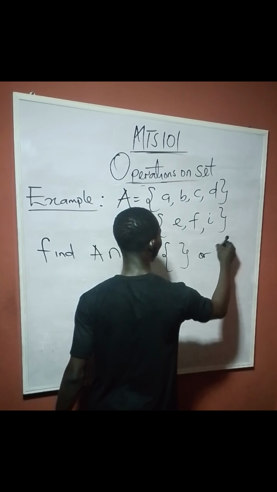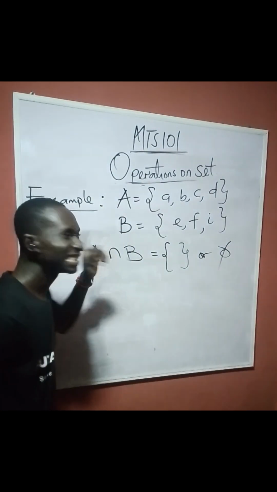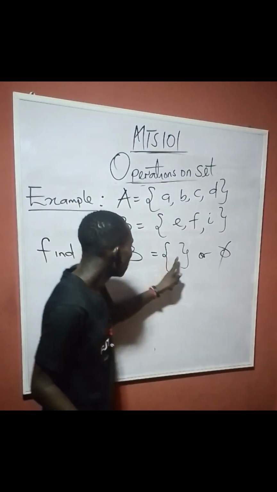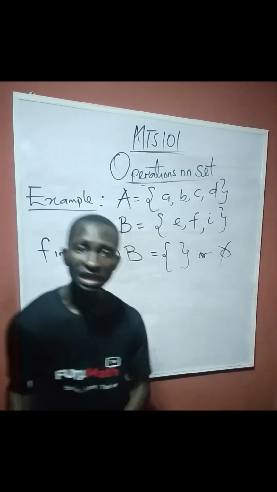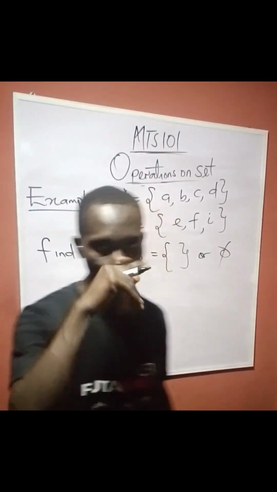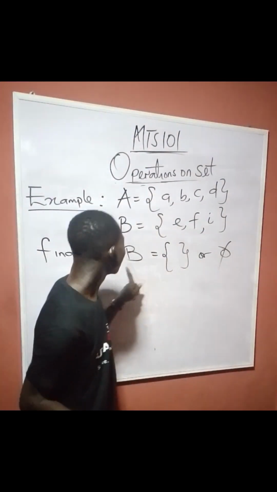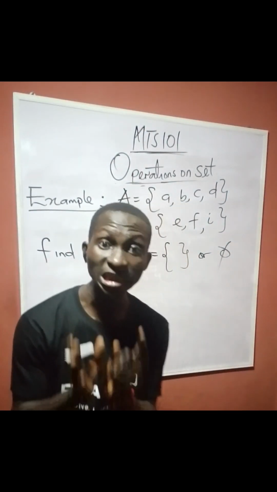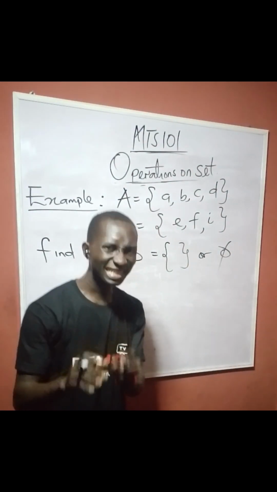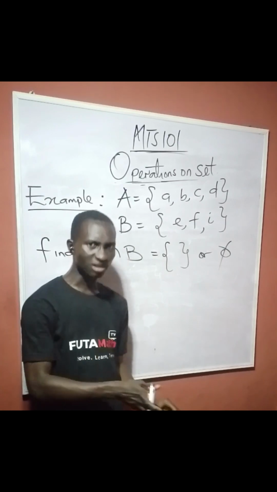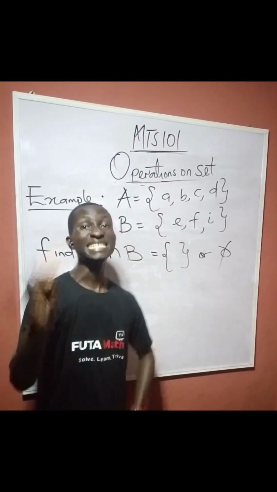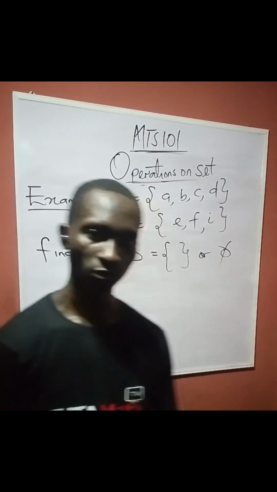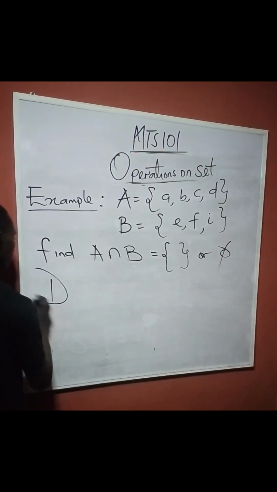Don't forget this symbol. Since the intersection of A and B is an empty set, we call them a disjoint set. Why? Because their intersection is an empty set. That means sets are said to be disjoint if their intersection is an empty set. A disjoint set.